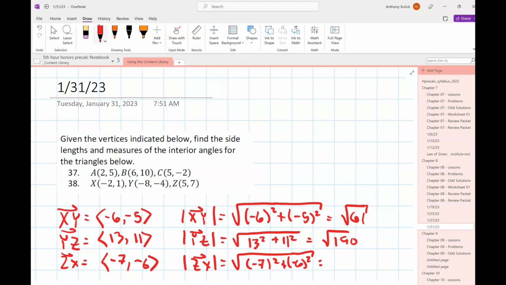And 49 plus 36 is 85, right, Prater? Oh, 290? Yeah, thank you.